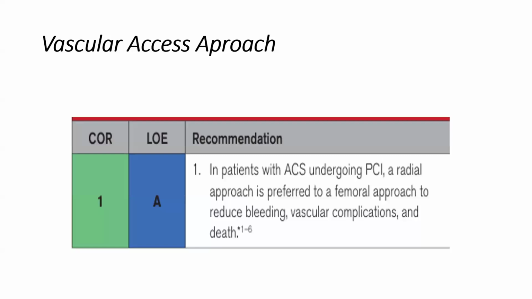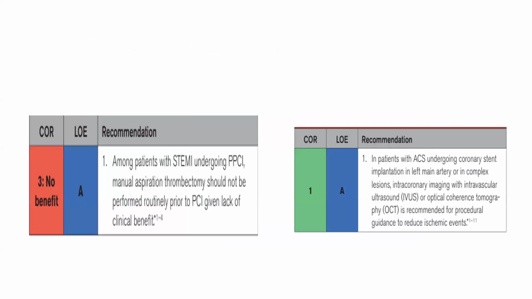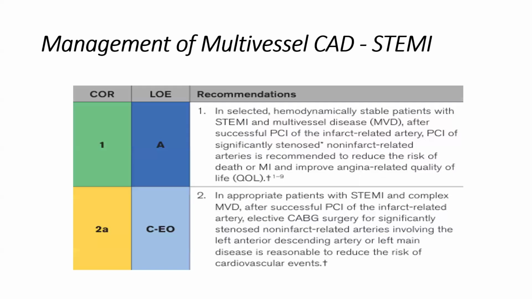About vascular approach, should we go for the radial approach or the femoral approach? The radial approach is preferred since it has reduced bleeding, vascular complications, and death. There is no role of manual aspiration thrombectomy, but yes, we can take help of intravascular ultrasound and optical coherence tomography for procedural guidance.